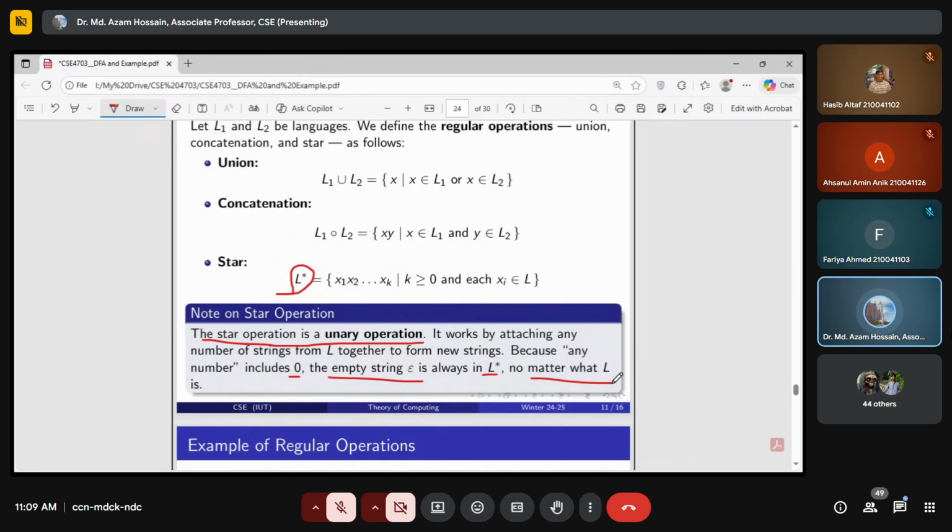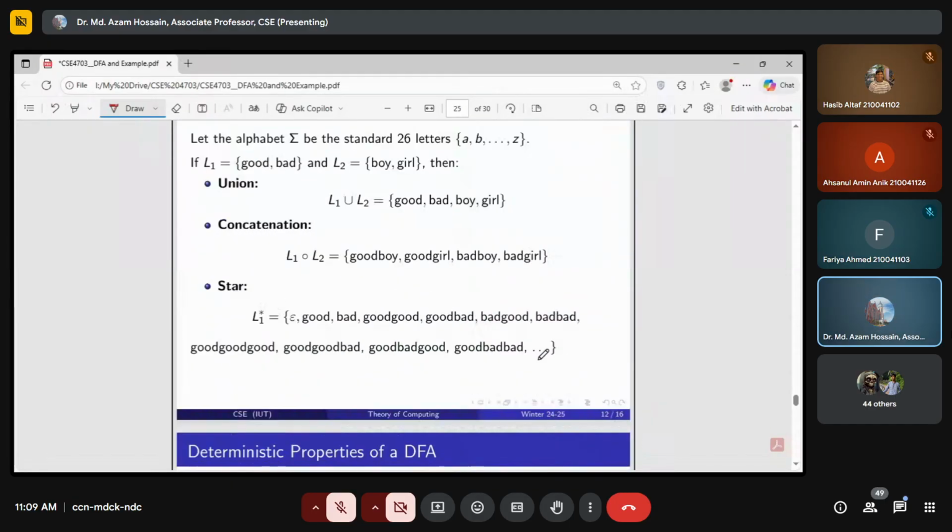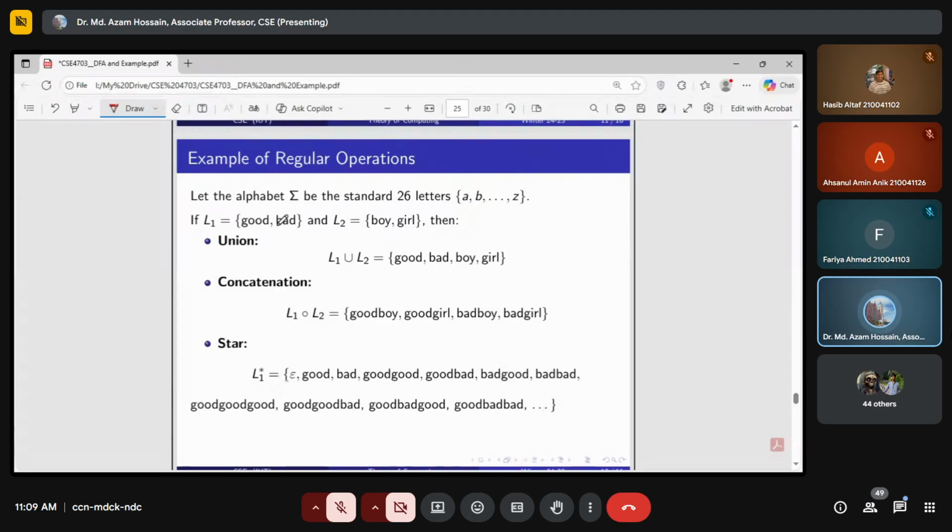Whatever L has, epsilon is also a member of L star. Why? Because we said any number also includes zero. Okay, let's see the example. Suppose I have two languages, L1.